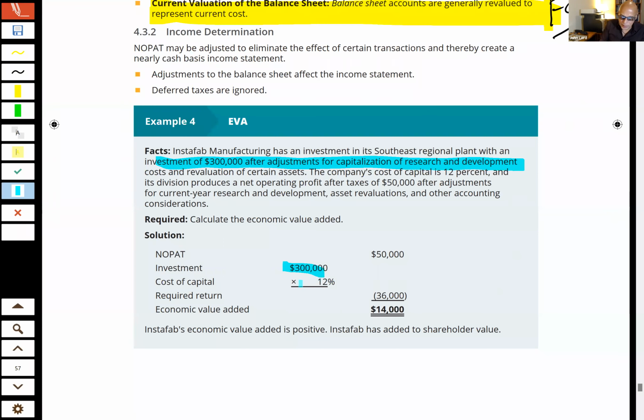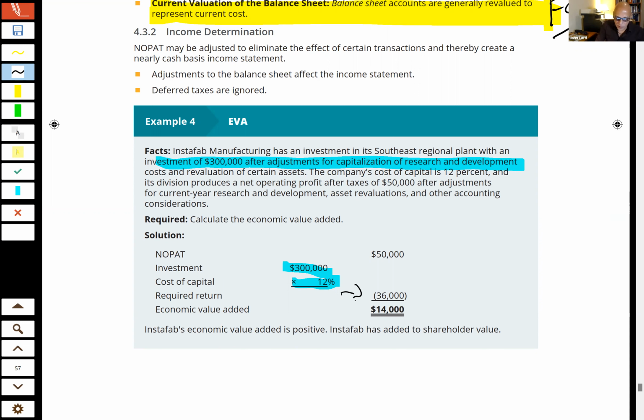That was the only number they gave us, so it wasn't particularly challenging, but maybe they would give us the amounts capitalized, trying to trick you into thinking you need to subtract those things out, if they had given you the amounts that added up to that 300,000.